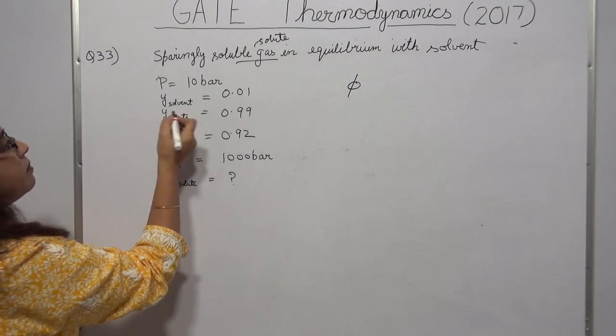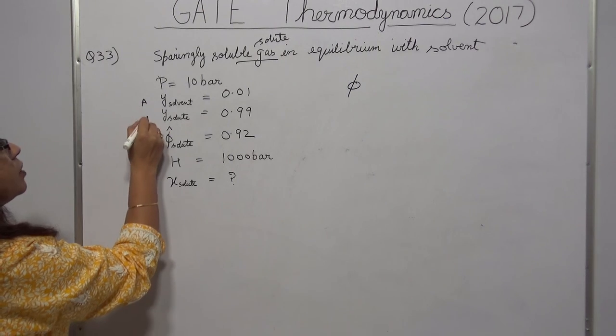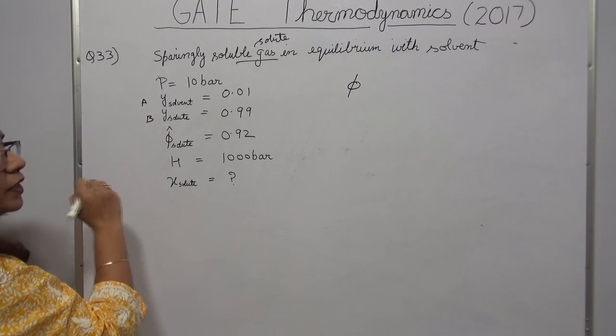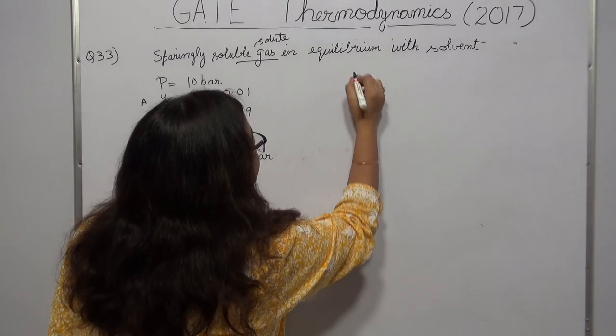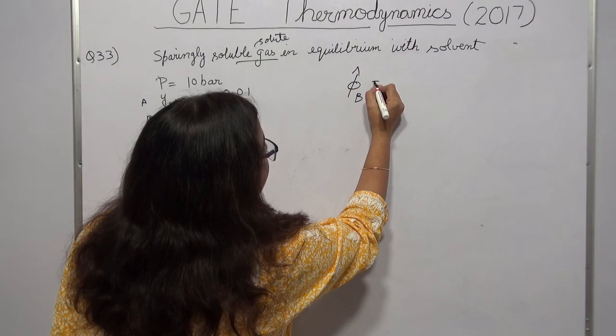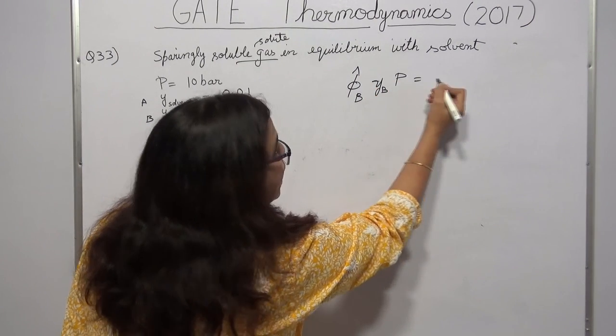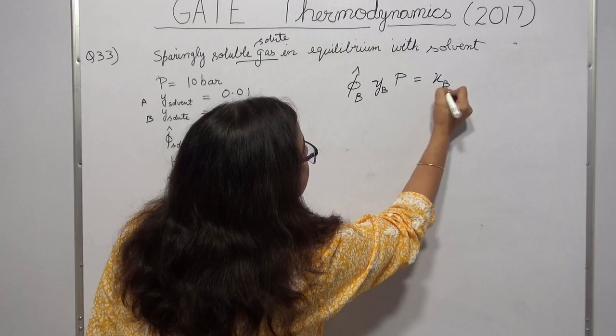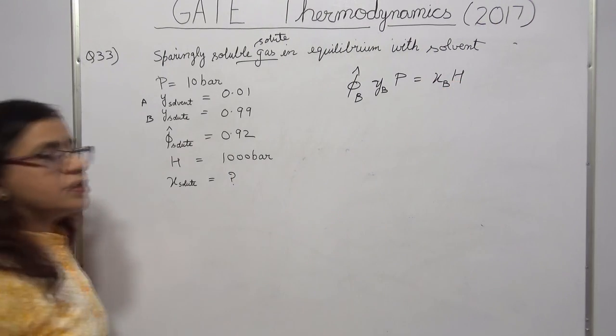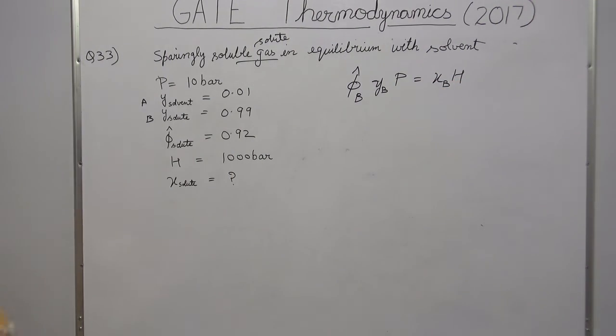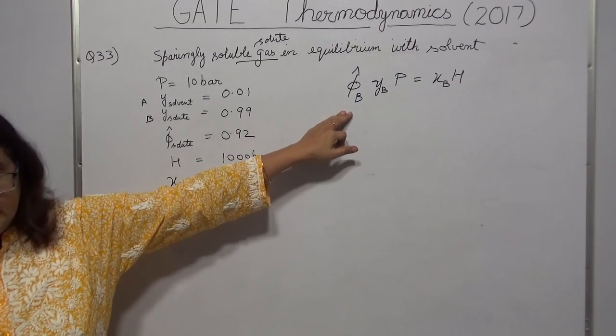Now let's say my solvent is component A and my solute is component B. Then I can write phi B multiplied by YB and pressure, that is equal to XB into Henry's constant. So this is your modified Henry's law.